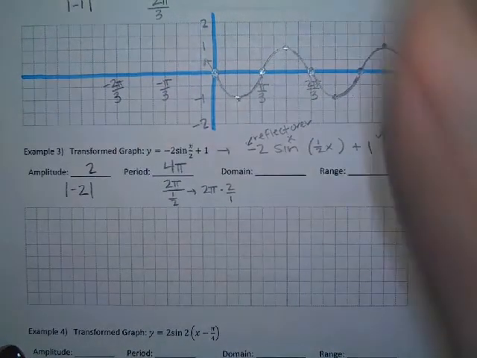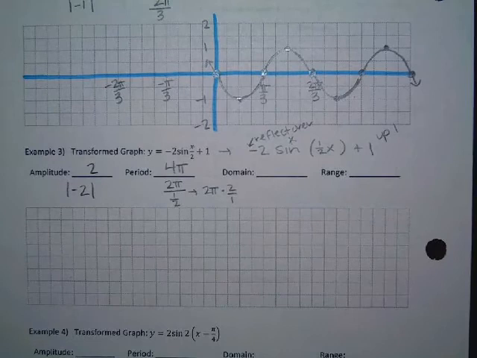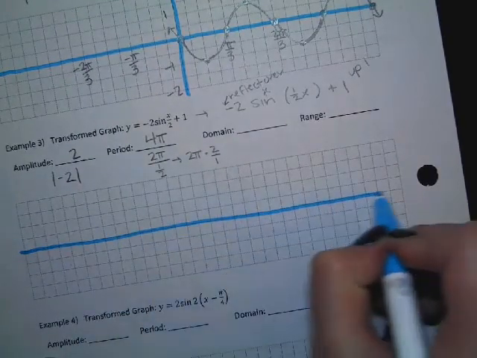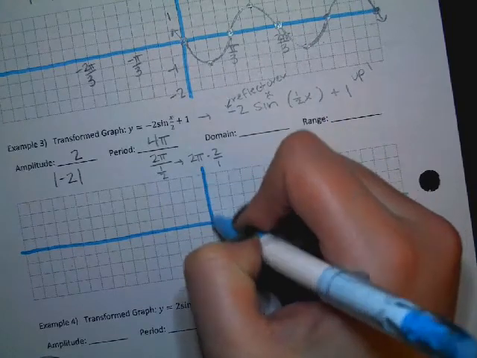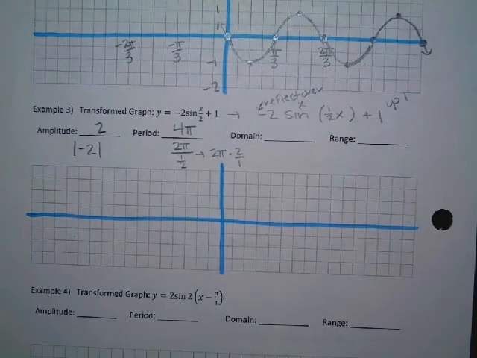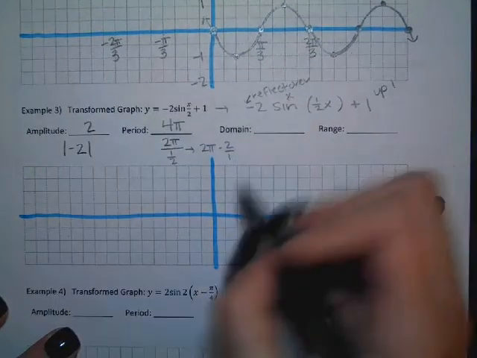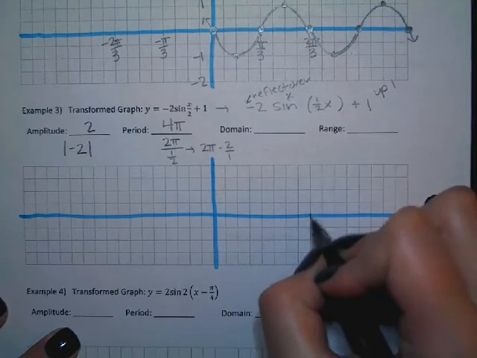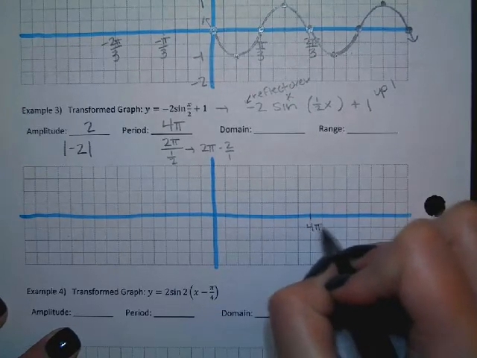Okay, so I'm going to go ahead and draw my axes like I did before. And we are still doing sets of 8 boxes just like we did before, so 1, 2, 3, 4, 5, 6, 7, 8. So maybe I'll say that this is 4 pi.